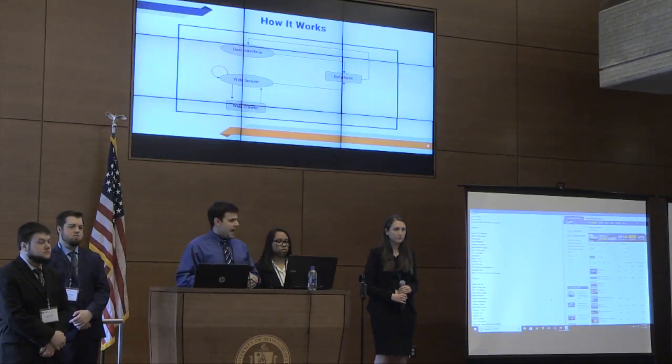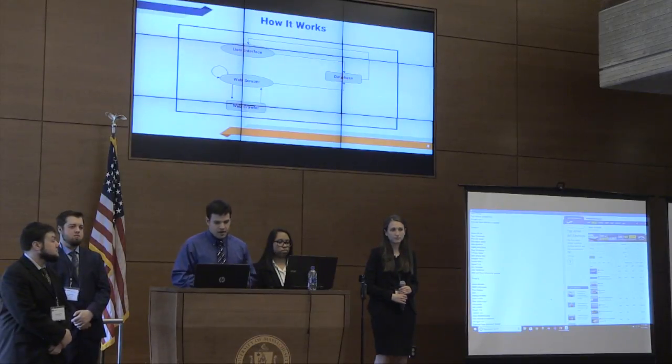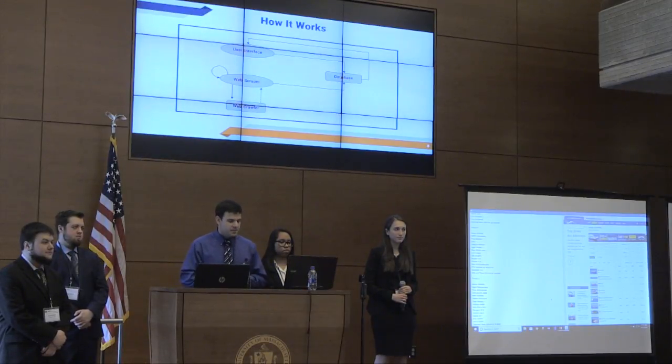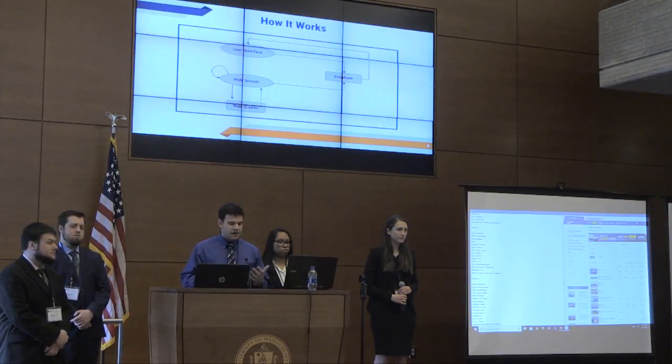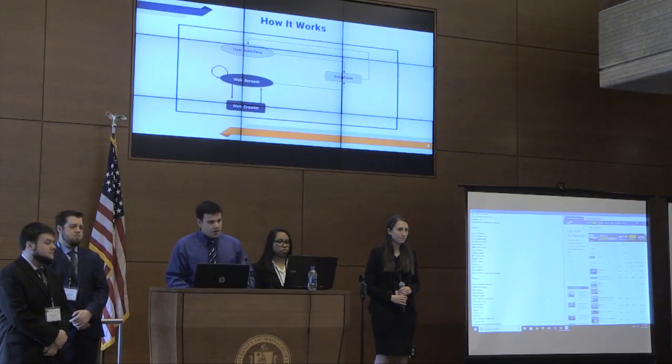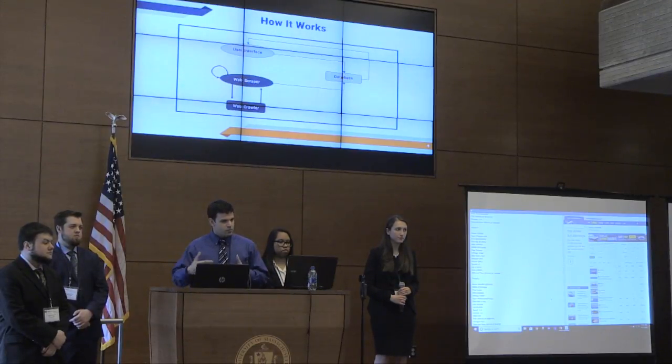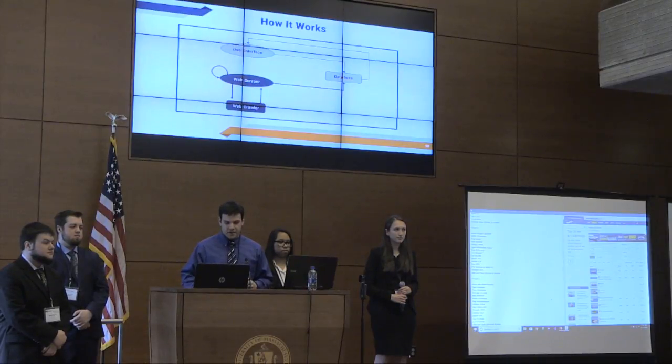So to take a look at how our application works, it's made up of three main components: the user interface, the web scraper, and the database server. Each of these components runs independently from the others and follows a client-server model. As I mentioned, the web scraper is a continuous process that just accesses web pages, reads the data, and stores it in our database.